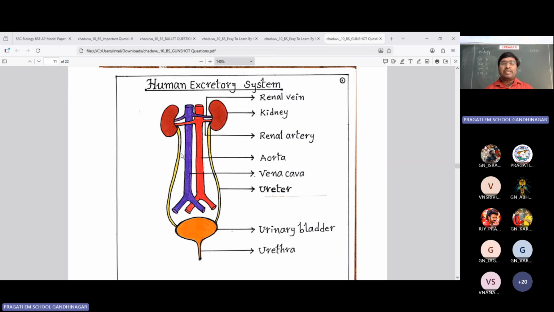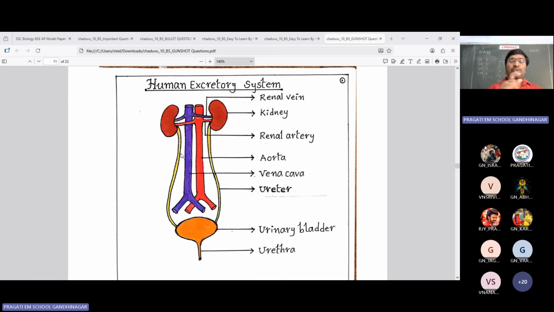When you are drawing the diagram, see the representation of the kidneys, blood vessels, ureter, urinary bladder, and urethra. After the diagrammatic representation, try to label the parts on one side. See how I am representing the labeled parts here.